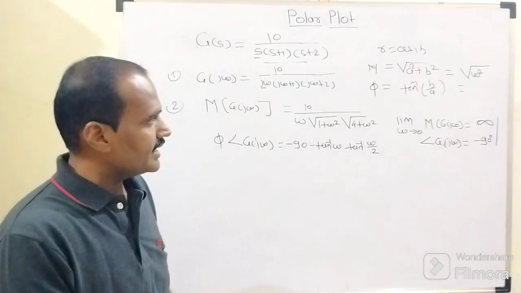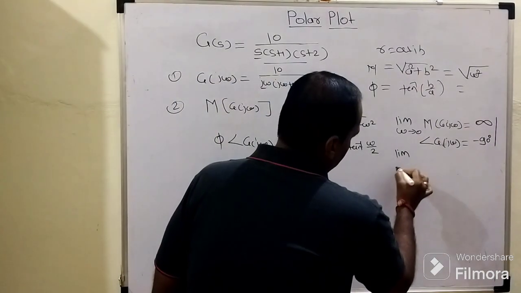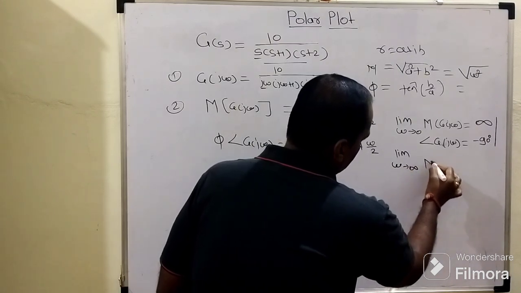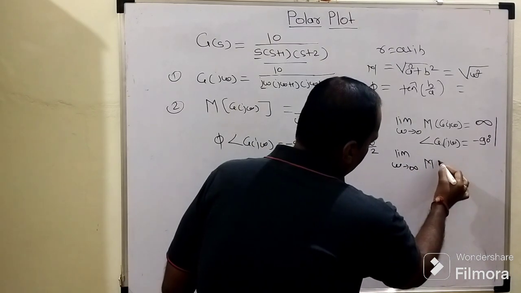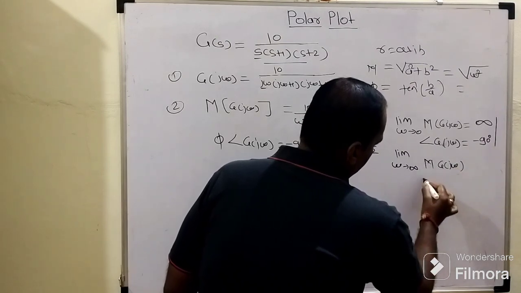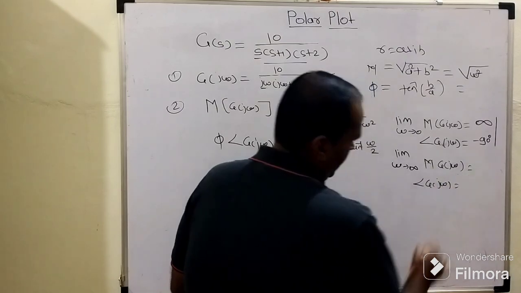Then in the second interval, with the help of the limit statement, by putting omega equals infinity, one more time we need to determine the magnitude of this g of j omega and the phase angle of this g of j omega.